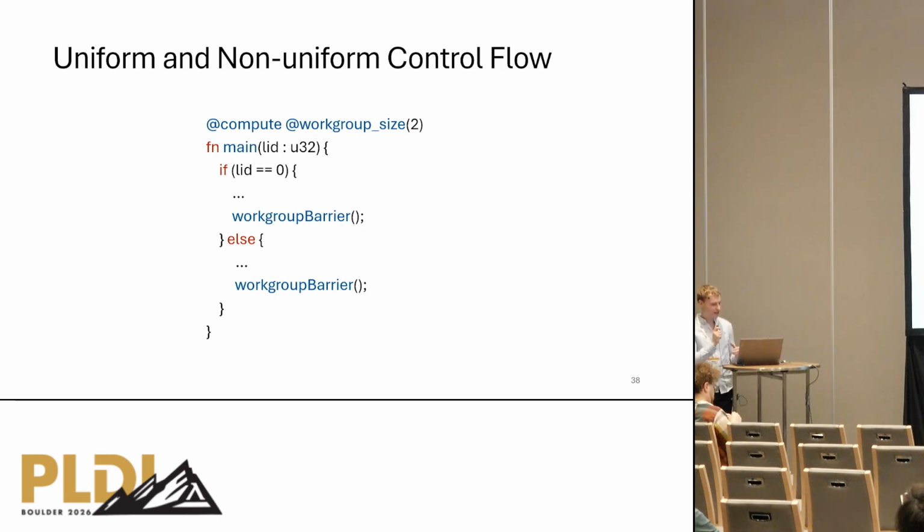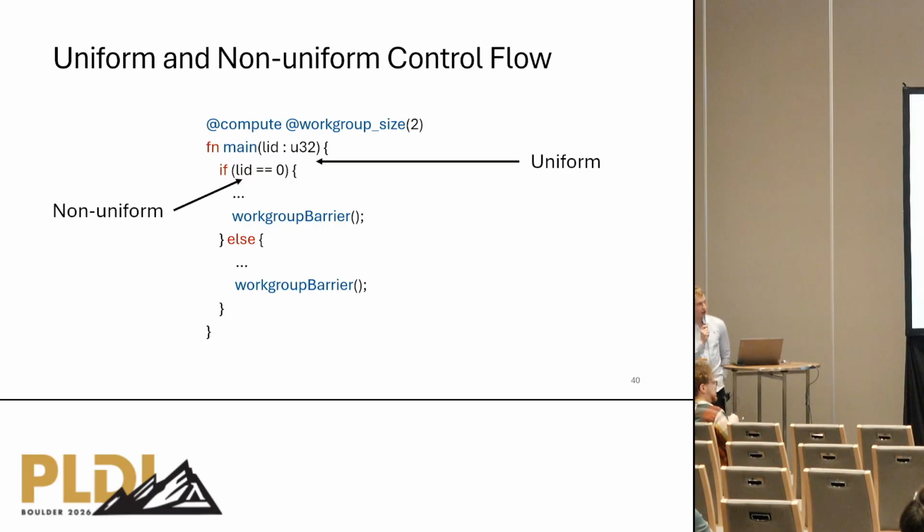So this is the example that I referred to earlier, and barrier divergence relates intimately to this idea of uniform and non-uniform control flow. Non-uniform and uniform are a little bit overloaded here, so I'll tell you what I mean by these terms. By uniform control flow, I mean some piece of control flow that is executed by all threads in a work group. So at the beginning of this main function, both threads would start executing here, so control flow is uniform.